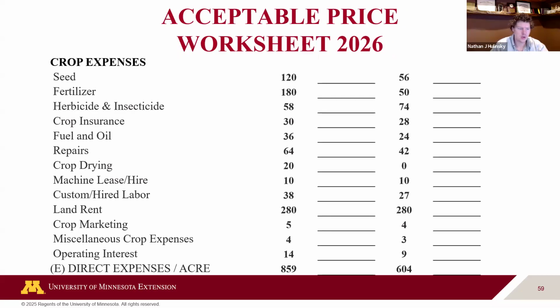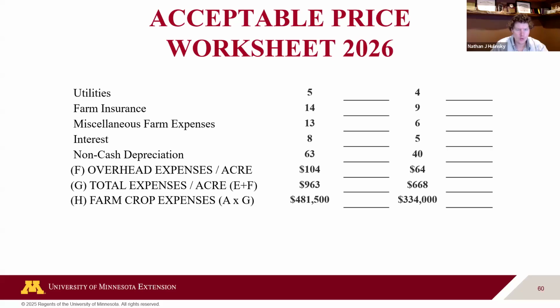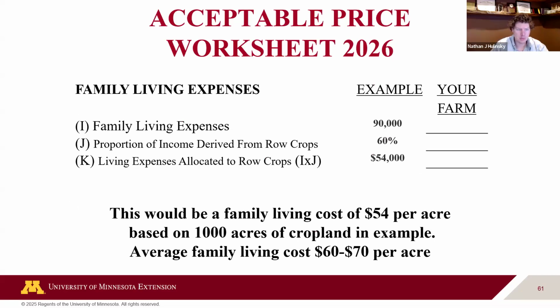Same list of expenses. What's our seed, fertilizer, chemical cost per acre? Okay, again, very similar to the previous worksheet. Same list of overhead expenses. What's our utility bill? What's the farm insurance, interest? What's our depreciation expense? Calculating all these expenses and then incorporating the family living expense.